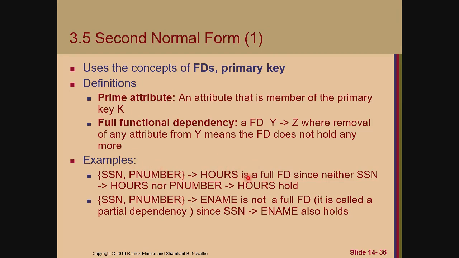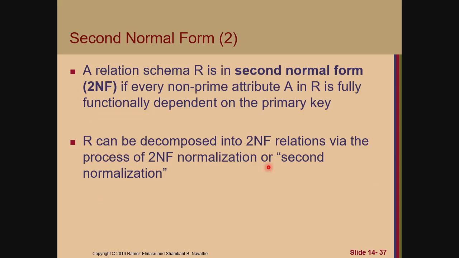If one of the attributes depends on just part of the key, this becomes unsatisfied with the second normal form, so you have to solve it.